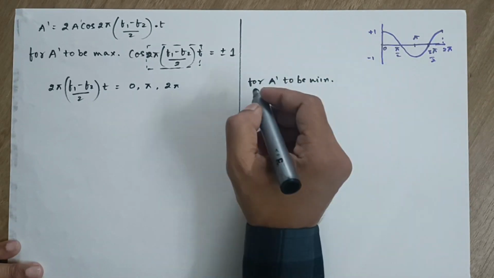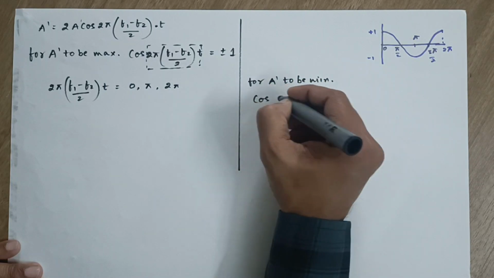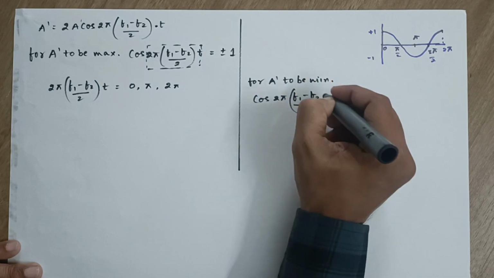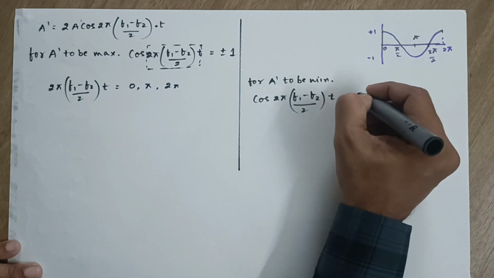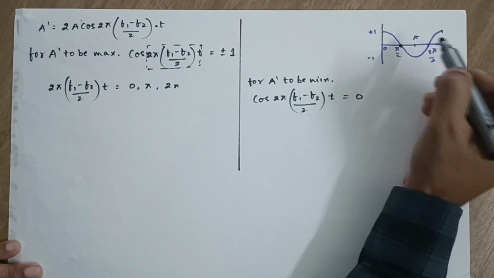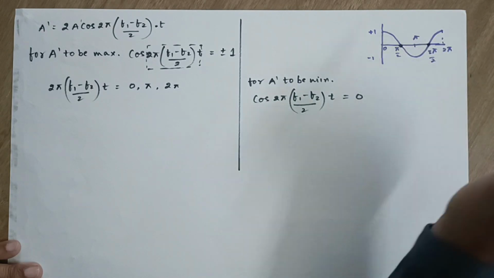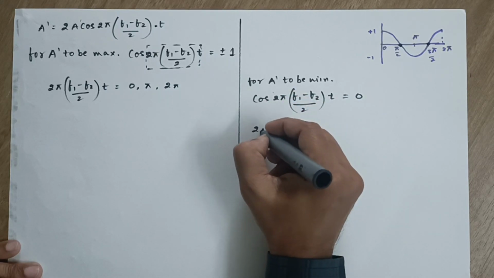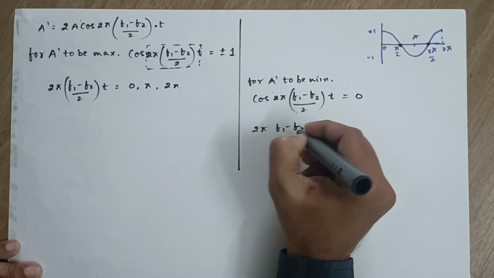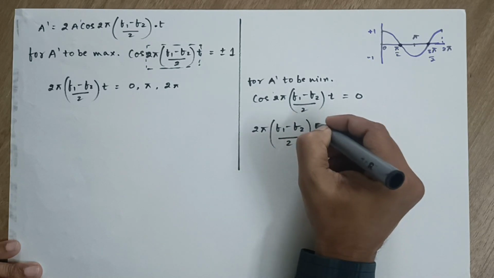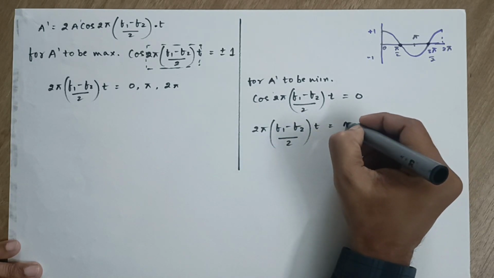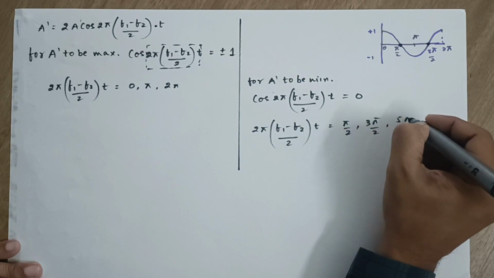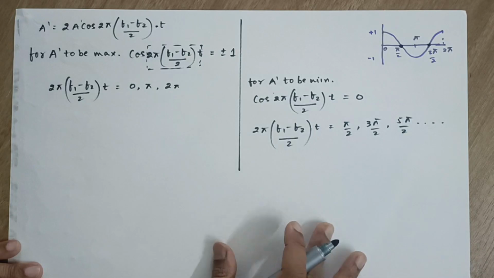For this entire amplitude to be minimum, I want the cos function, that is 2 pi (f1 minus f2)/2 times t, to be 0. For that, I should be taking pi by 2, then 3 pi by 2, 5 pi by 2, and so on. So this whole angle should be equal to either pi by 2, then 3 pi by 2, then 5 pi by 2, and so on and so forth, right?